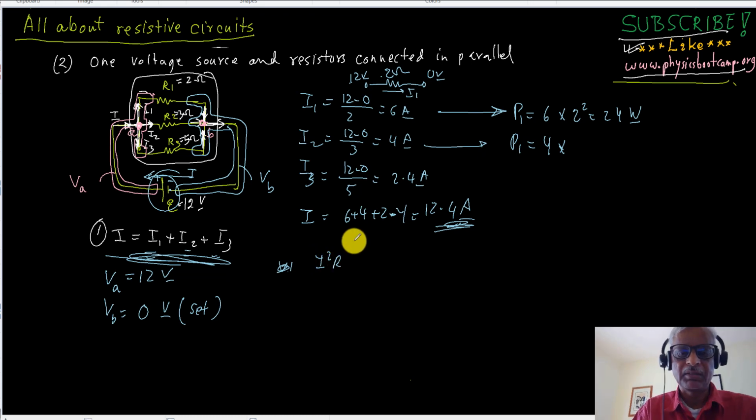P is I squared R. Am I doing the opposite?